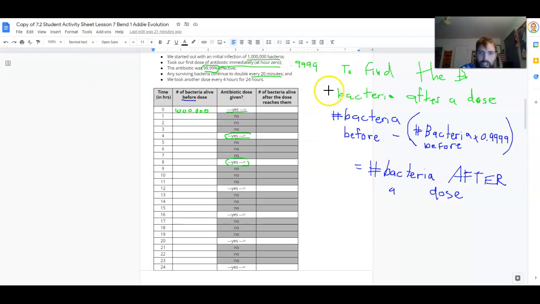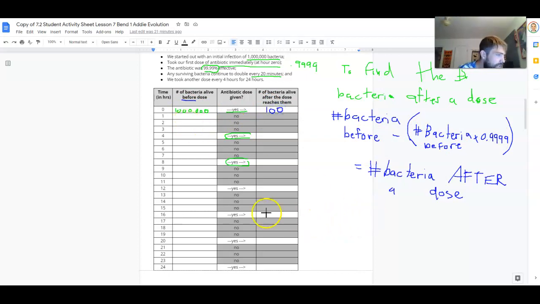You'll see that that will give us 999,900 bacteria killed. And then we subtract that from this and we get 100.